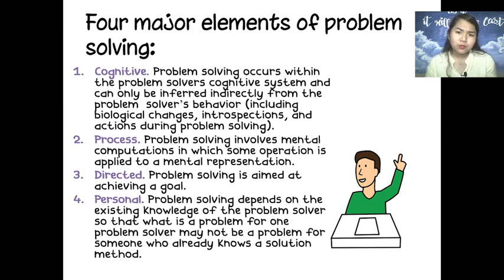Kasi nga na-experience mo na, alam mo na siya kung paano mo isi-solve. Nakuha. Pero, it could be a problem to other people kasi baka hindi pa nila na-encounter. So, personal, your prior experience, okay? O yung iyong existing knowledge regarding the problem. So, those were the 4 major elements of problem solving: cognitive, process, directed, and personal.